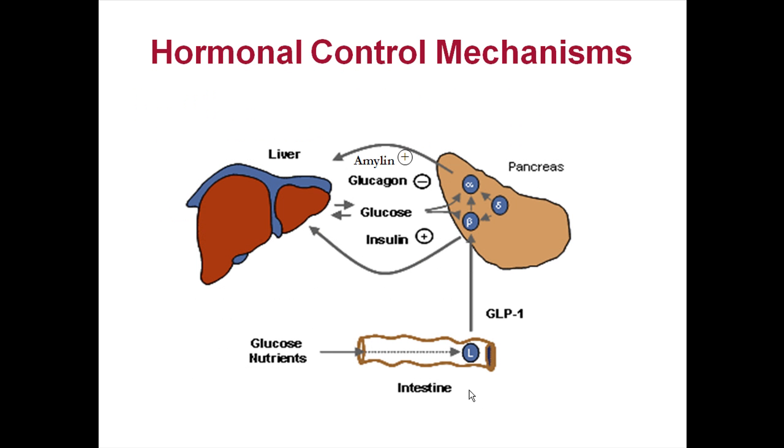So here's where the GLP-1 is, and it comes from the intestines, and then it goes and stimulates the pancreas for amylin and insulin and so forth, and decreases glucagon. So there are several hormones all working together in concert to affect blood glucose levels.